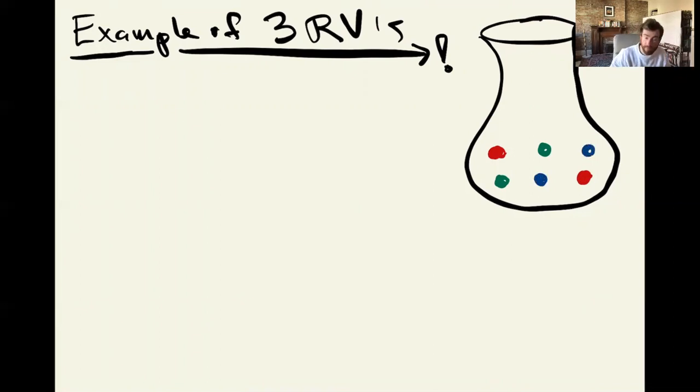Just like with the deck of cards, let's imagine that we draw 2 balls out, and we should assume that we're drawing without replacement. So I'm reaching in and grabbing 2, which is the same thing as picking out 1 and then another, but not remembering which one was first and which was second.